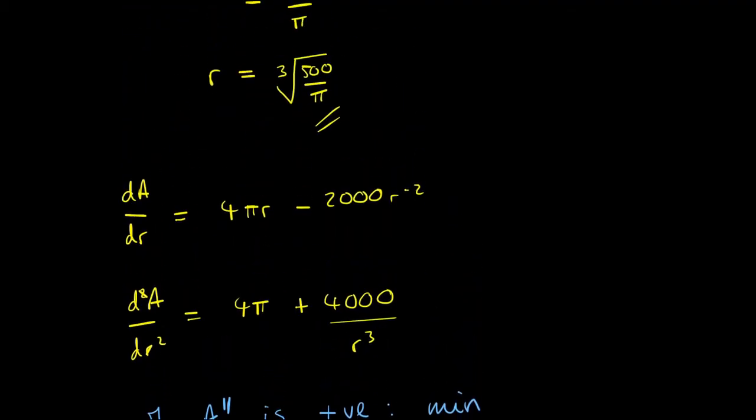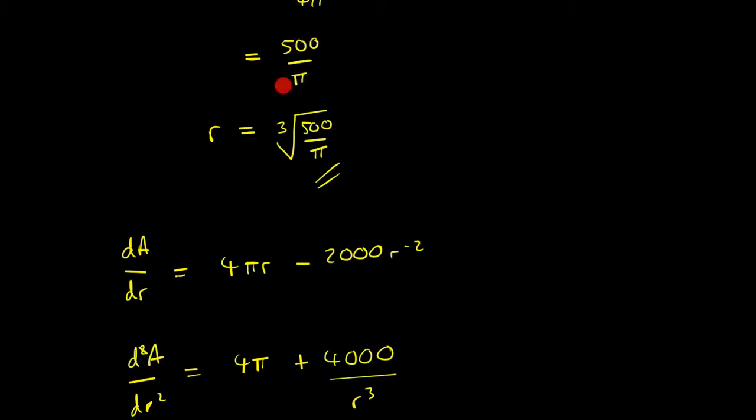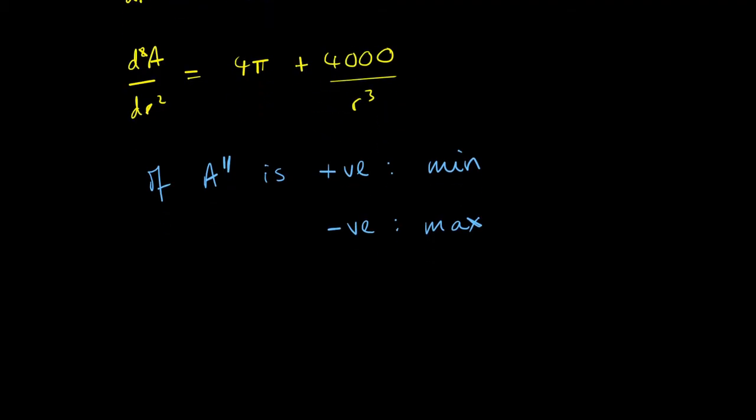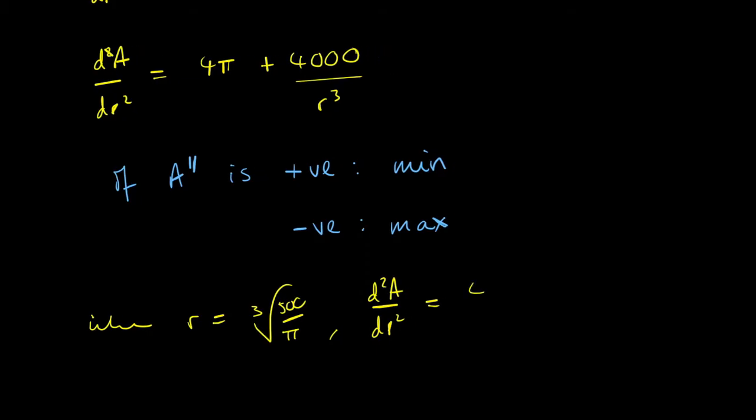Well, our value for r cubed is going to be 500 upon pi. That's a positive number, right? And so therefore this is going to be a positive number. And if we add 4 pi, we've got another positive number. So you might want to calculate it in full, right? So when r is equal to the cube root of 500 upon pi, then d2A dr squared is going to be equal to 4 pi plus 4000 over 500 divided by pi.